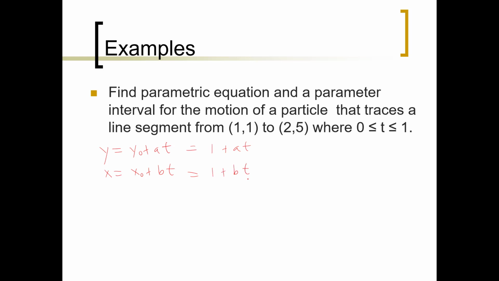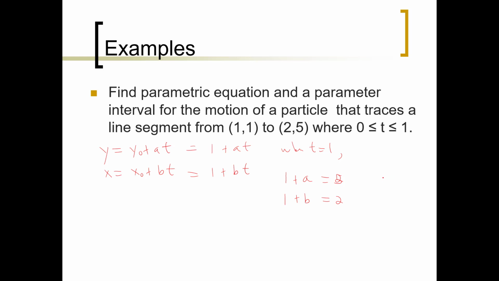Now I know that this line is going to go from (1, 1) to (2, 5). But I'll get (2, 5) when t is 1. So let's use that fact. When t is 1, I have to get 1 plus a times 1, that is my new y value, which is 5. And 1 plus b has to be our x value, which is 2.